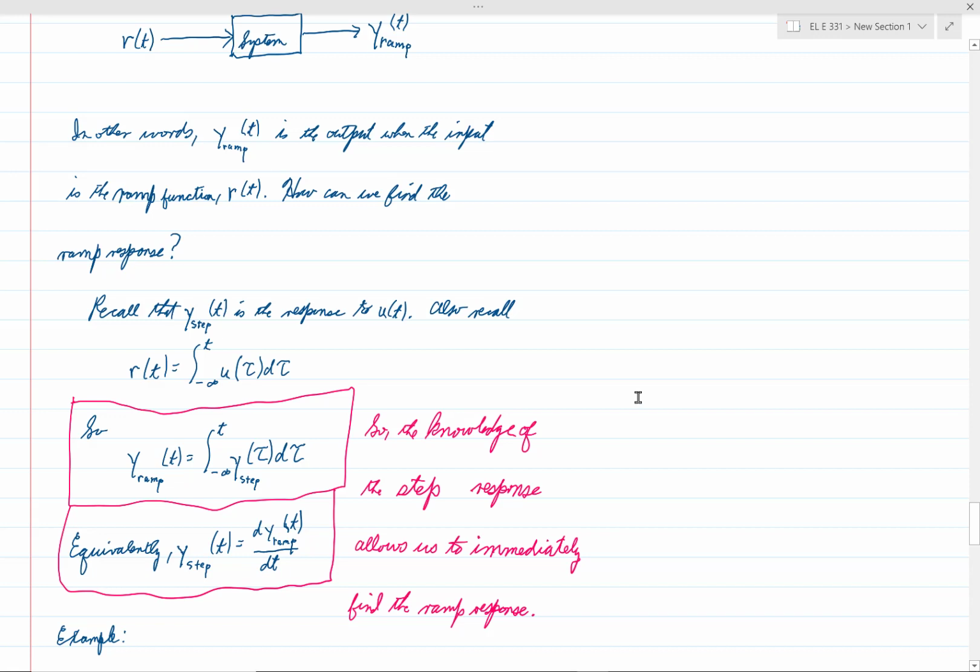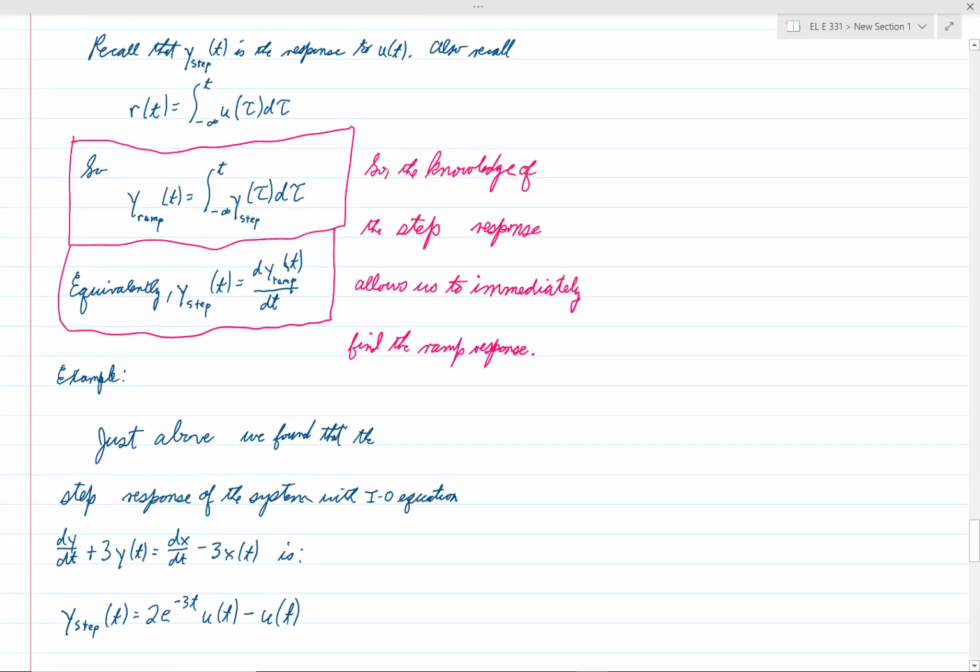Okay, so I want to do an example of this to conclude lecture 8. And the example I will do is a problem we did just above. Remember that this again refers to problem 4 on test 7.